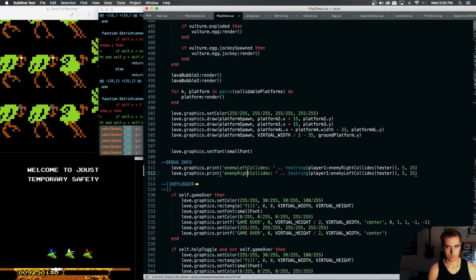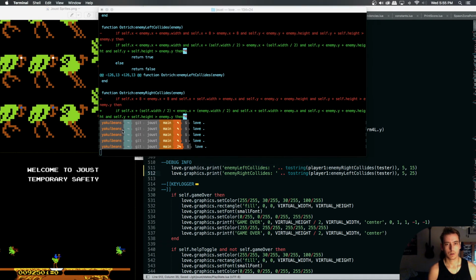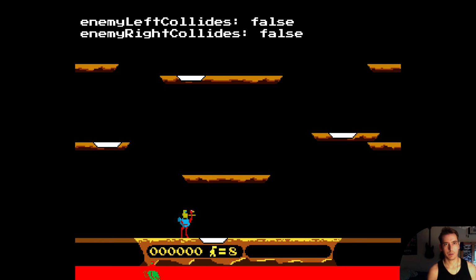So now we shouldn't have vultures coming out of nowhere. We've got left collides and right collides. Look at this. It's working appropriately. Right collision. It is working appropriately.